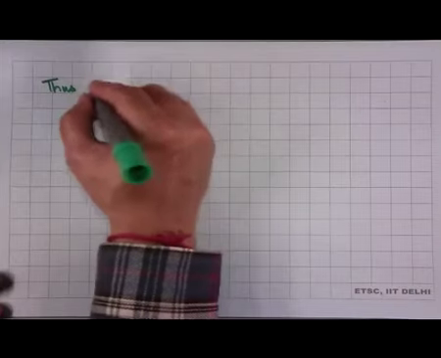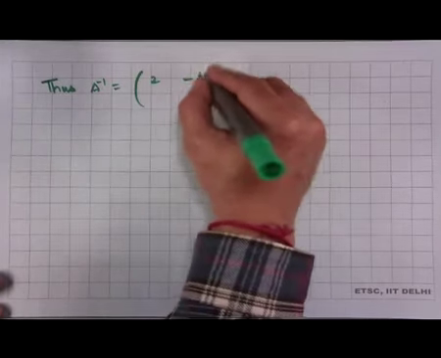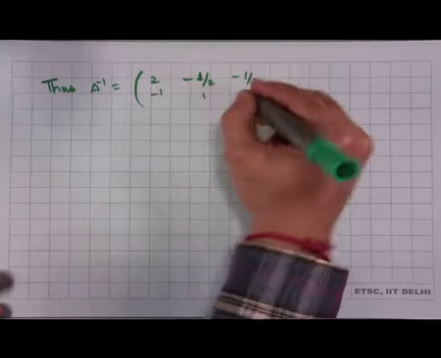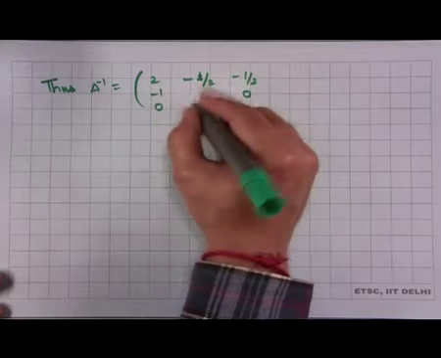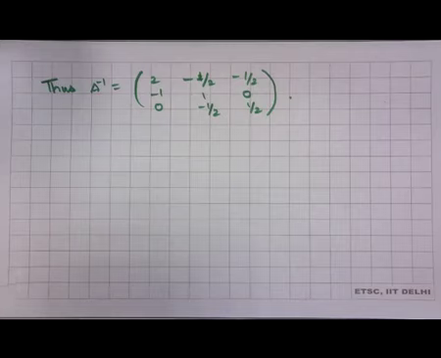So, thus A inverse equal to 2, minus 1 by 2, minus half; minus 1, 1, 0; 0, minus half and half. With this we will stop this lecture.